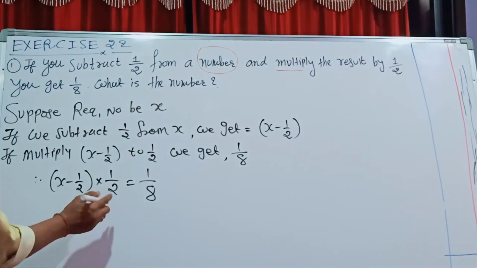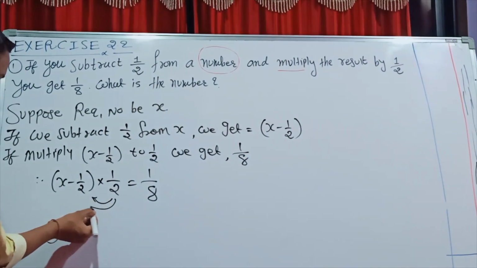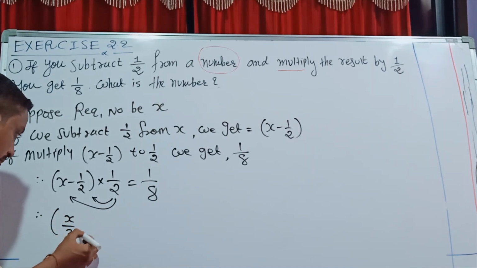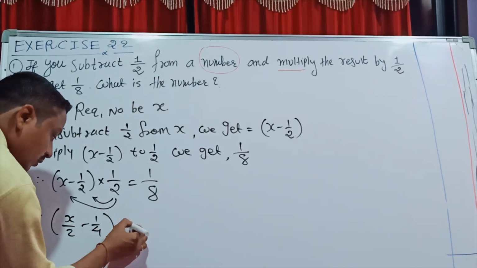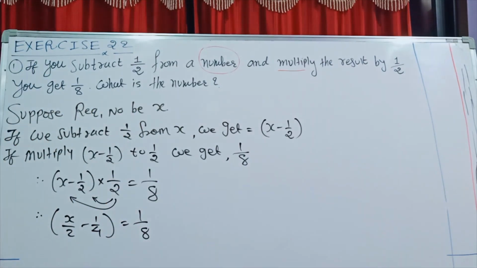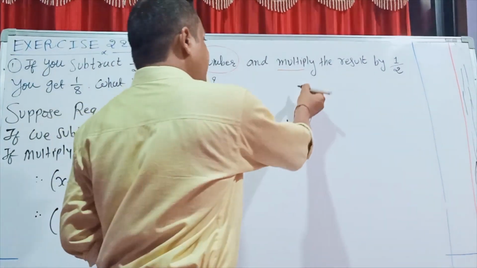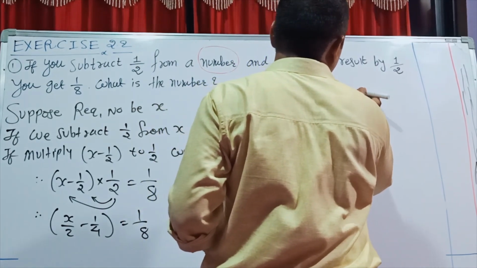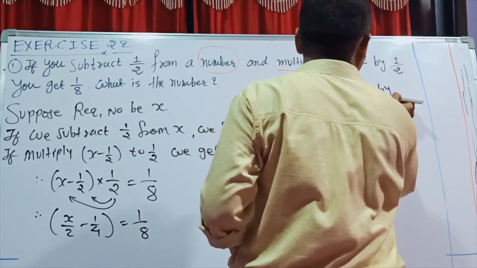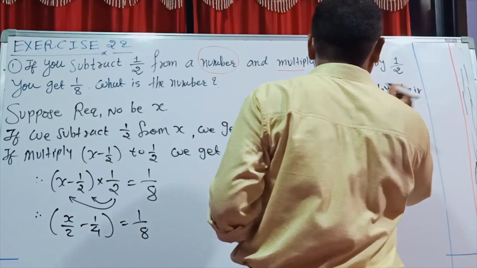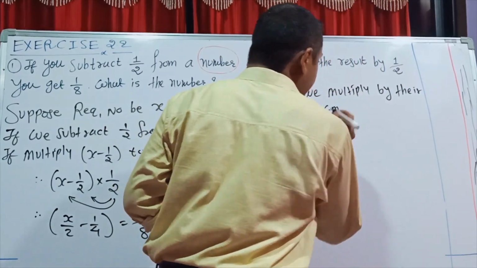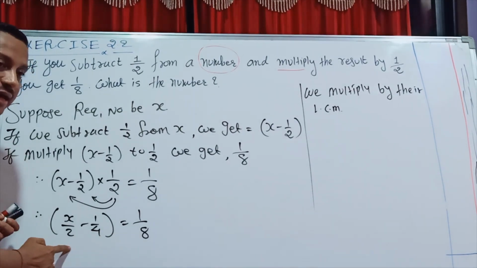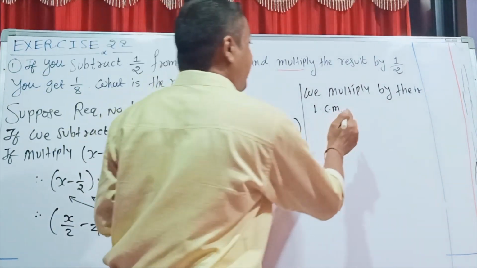So students, this half we multiply inside to both terms. It is x by 2 minus 2 2s are 4, and 1 by 8 is as it is. Now tell me, what is the LCM? Multiply by the LCM. Again students, check. What is the LCM of 2, 4 and 8? Yes, LCM is 8.